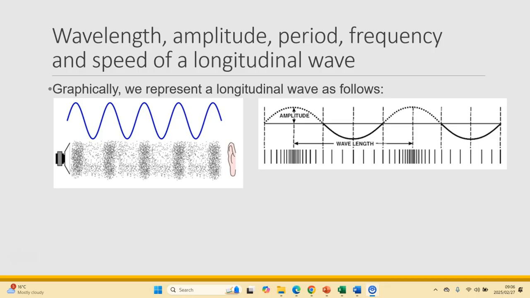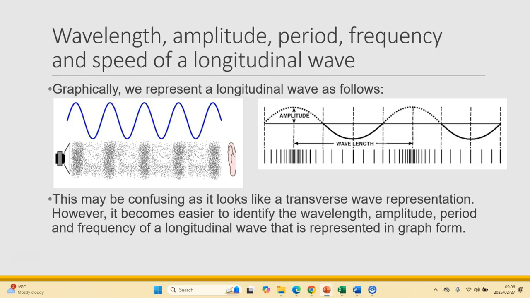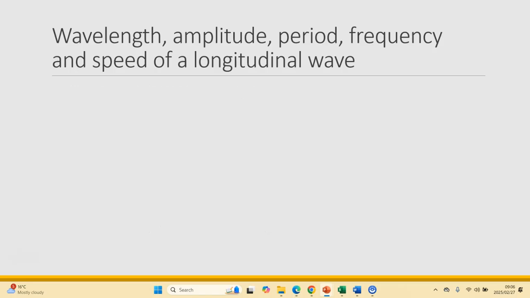If it is a water wave, it is a transverse wave. And if it is a sound wave, it is a longitudinal wave. Now again, this is confusing because a longitudinal wave in graph form takes on the shape of a transverse wave. However, in this form, it is easier to identify the wavelength and the amplitude, the period and the frequency of a wave.